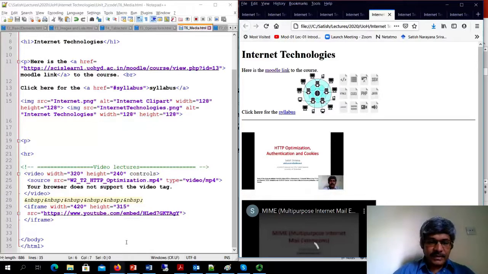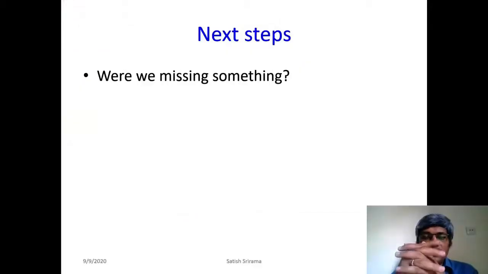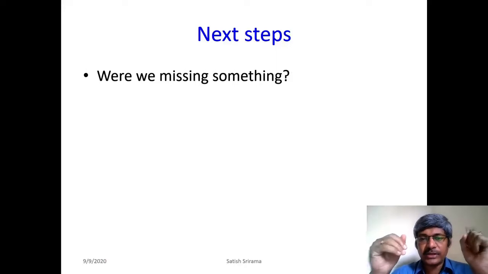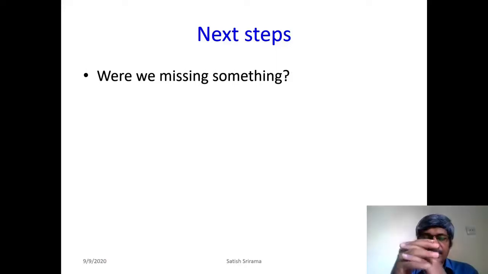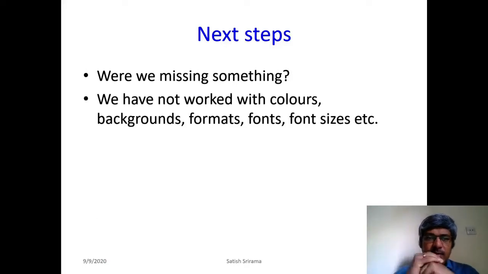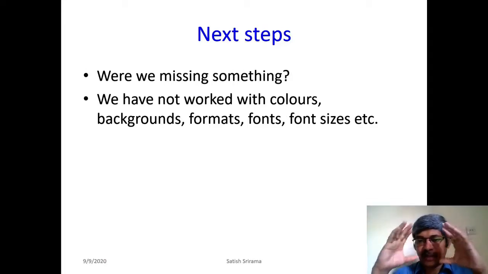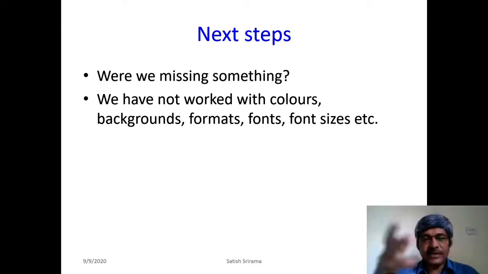Okay, let's move back. The point is, we have seen different things like forms, tables, putting the text and how to format and everything. Are we missing something? We have not worked with colors. Of course, in tables itself I have discussed colors because I thought having the plain table was not at all beautiful, so I added the traditional text during the demo.